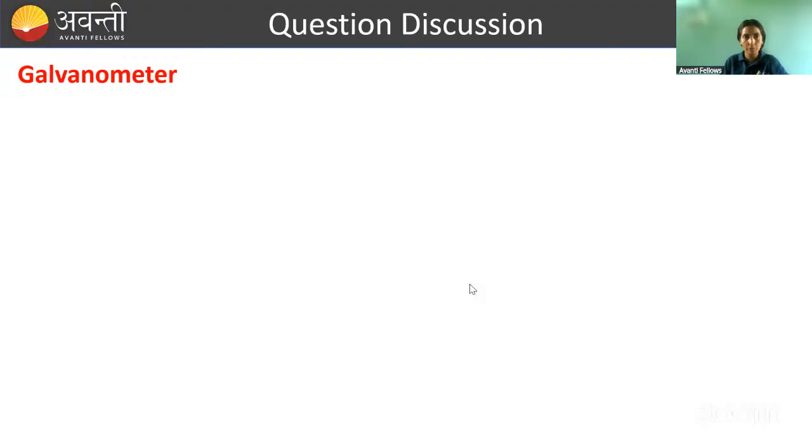What is this galvanometer? We will read this galvanometer in magnetism. So for now, I will just tell you one thing. This is a device which measures current. ठीक है? So it has basically a scale sort of thing, and then there are markings here. ठीक है? And initially when there is no current, जैसे तुमने स्केल देखा है ना, right?